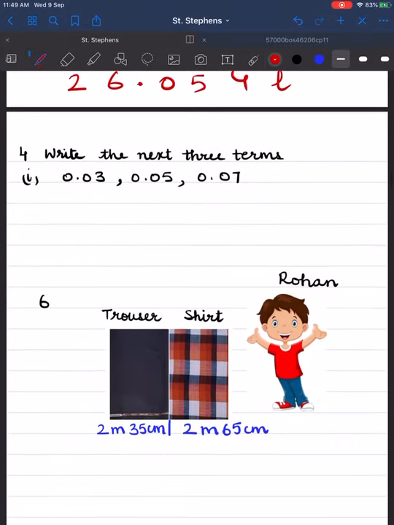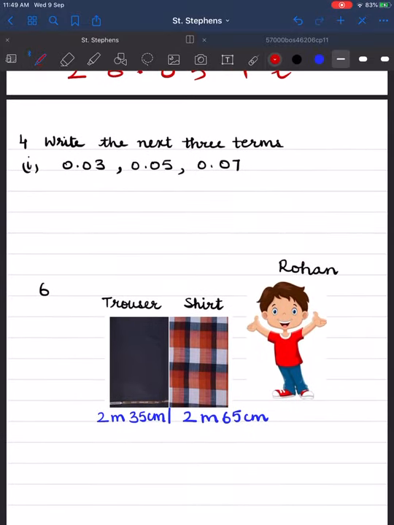Question 4, write the next 3 terms. Now here we observe each term is 0.02 more than the previous term. So in 0.07 we will add 0.02 to get the next term and we get 0.09.